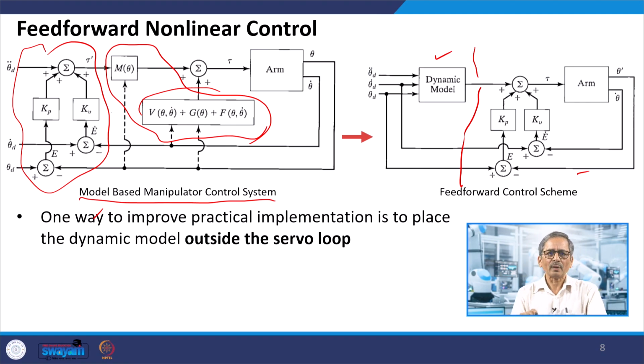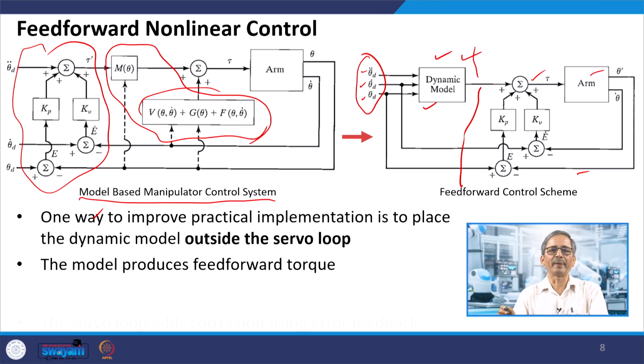So, one way to improve practical implementation is to place the dynamic model outside of the servo loop, as I just told here. And in this one we can give from the trajectory generator the trajectories for position, velocity and acceleration over here. And so, the dynamic model gives you the torque, and this torque is then added up with this servo loop torque, and then that command is supplied to your arm.